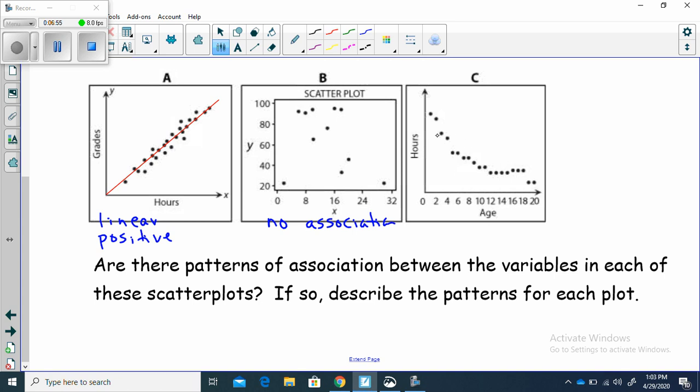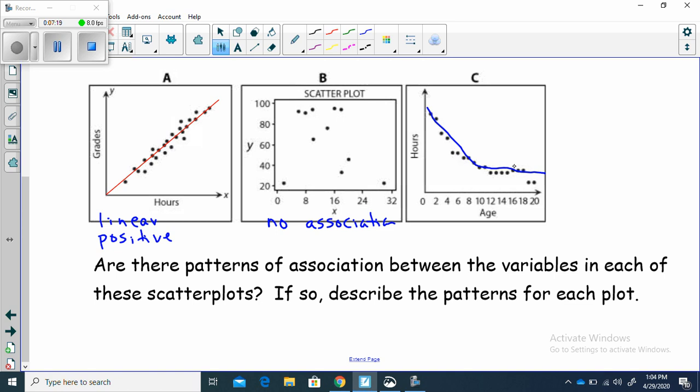How about this? This says the number of hours that you're doing something is higher and then tends to go down as your age increases. This one seems to fit not a linear but more of a curve, something like that, doesn't it?